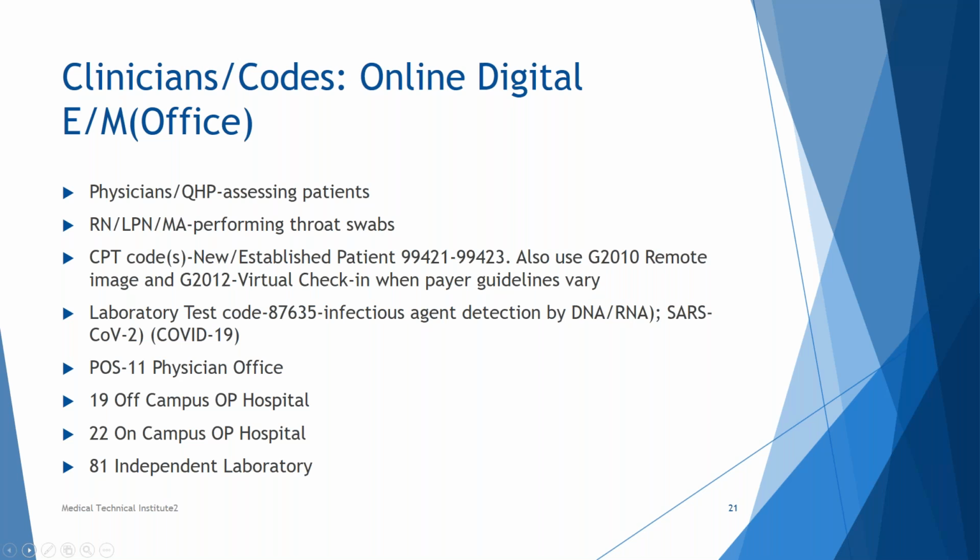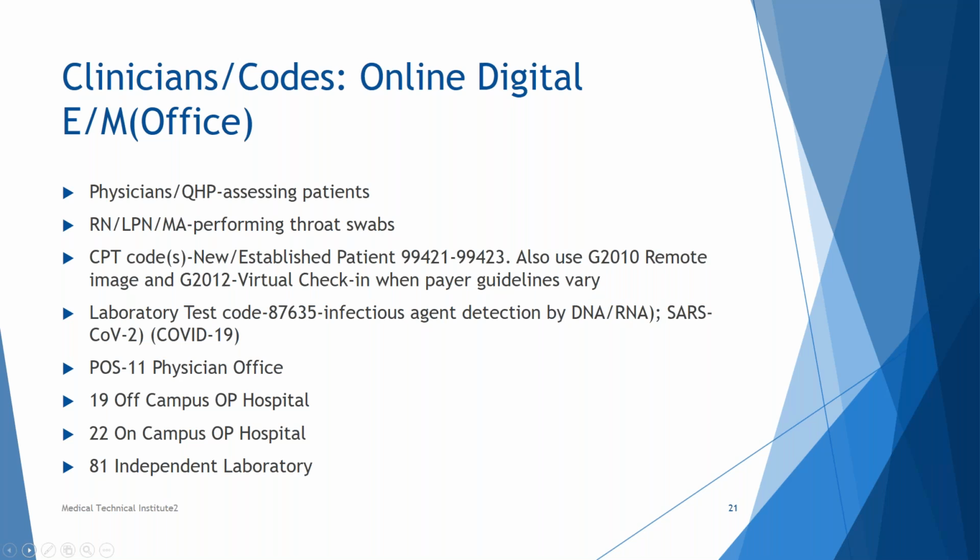Also, if you use images and for the virtual check-in, of course, don't forget the G2010 and the G2012. And of course, payer guidelines vary, so you definitely have to check with your payer on those two particular codes.